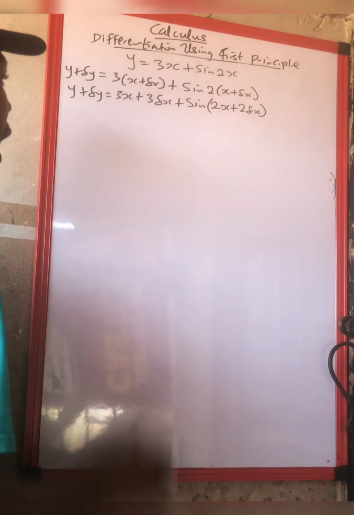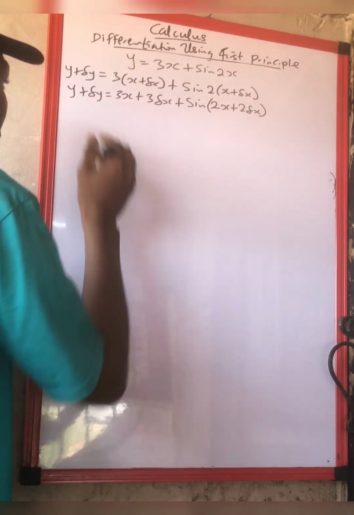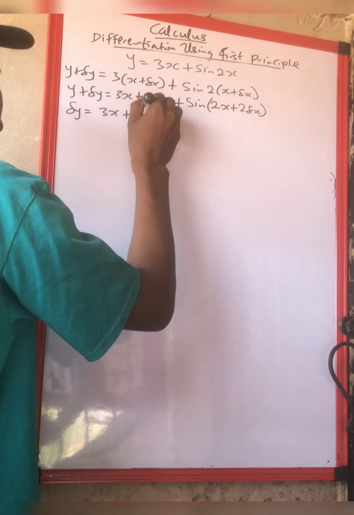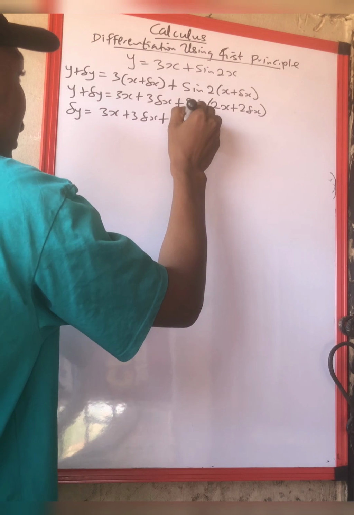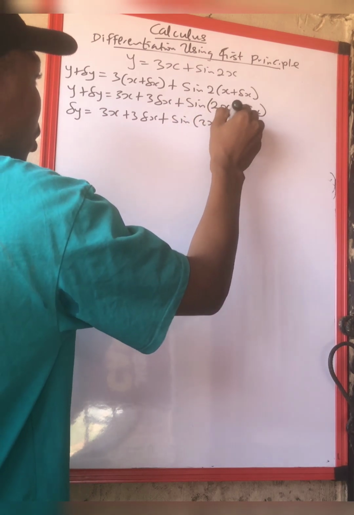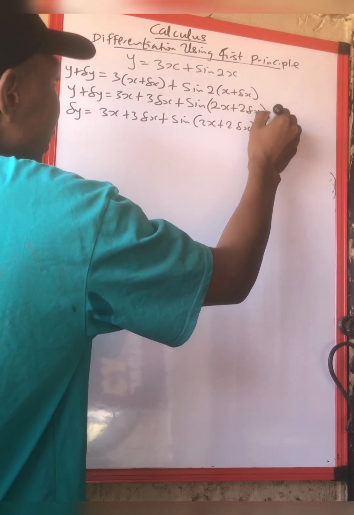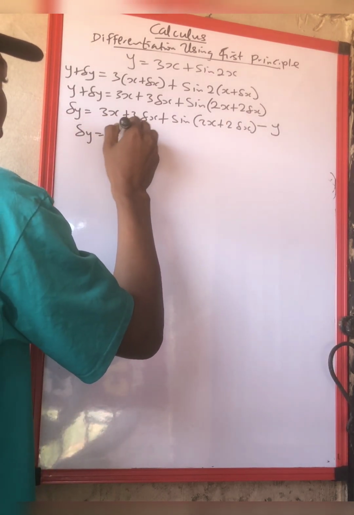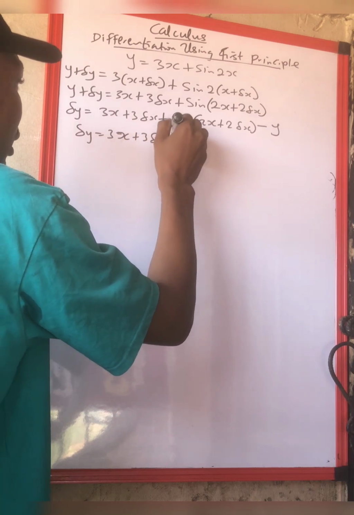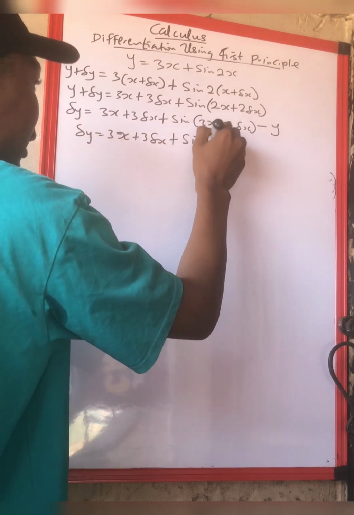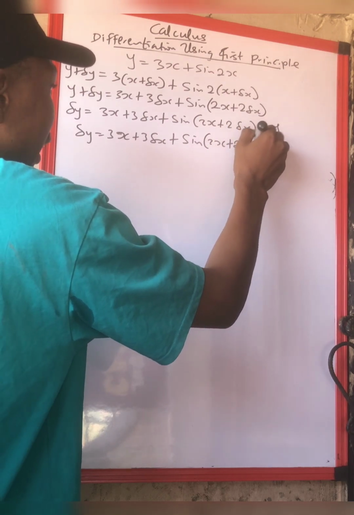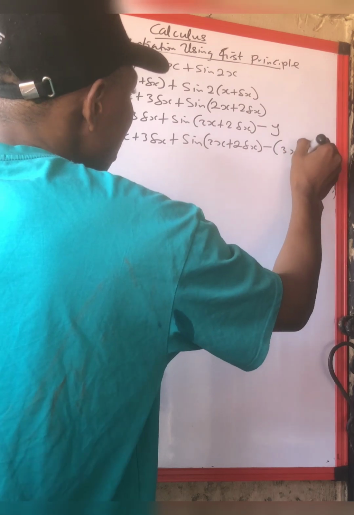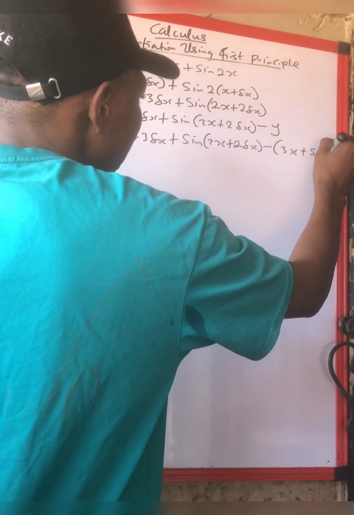This time around, make our change in y the subject of the formula. It becomes Δy equals 3x plus 3Δx plus sine of 2x plus 2Δx, then minus y. So our Δy becomes 3x plus 3Δx plus sine bracket 2x plus 2Δx minus y, with y being 3x plus sine 2x.